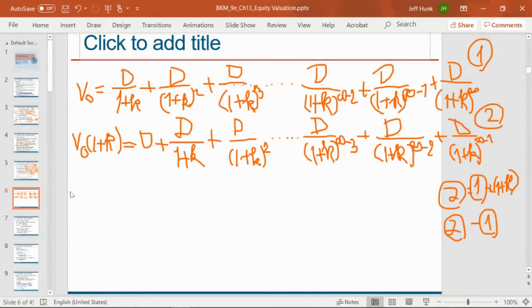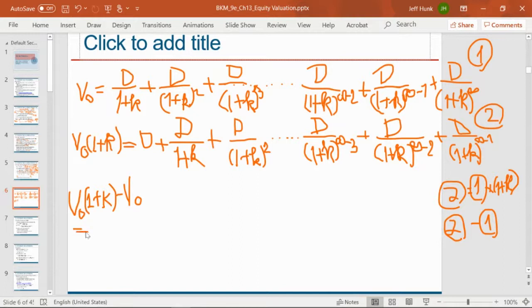In the left-hand side, it will be V0 times (1 plus k), then minus V0.